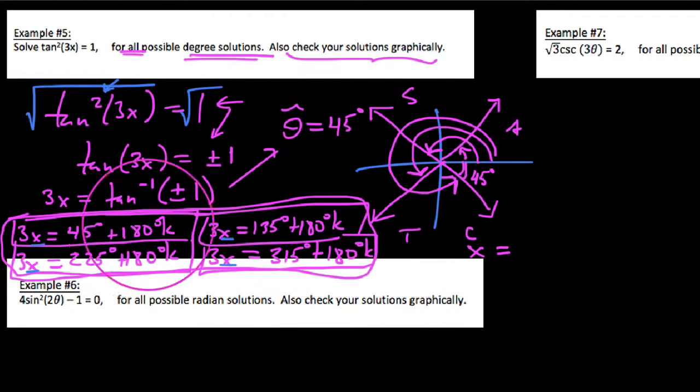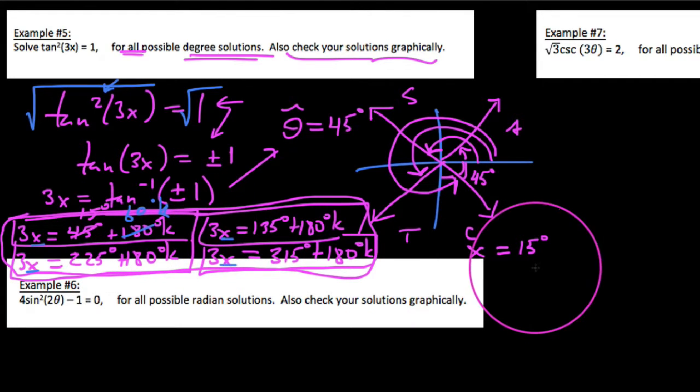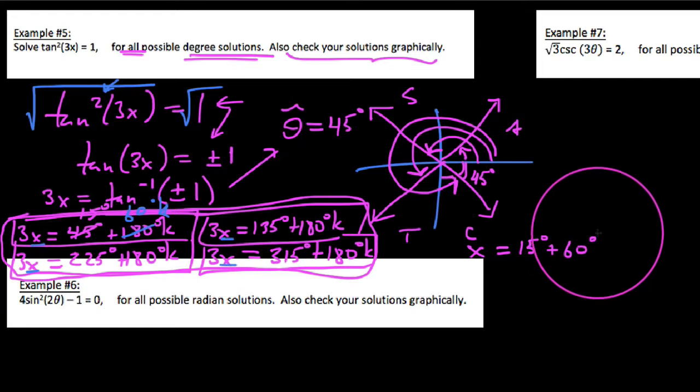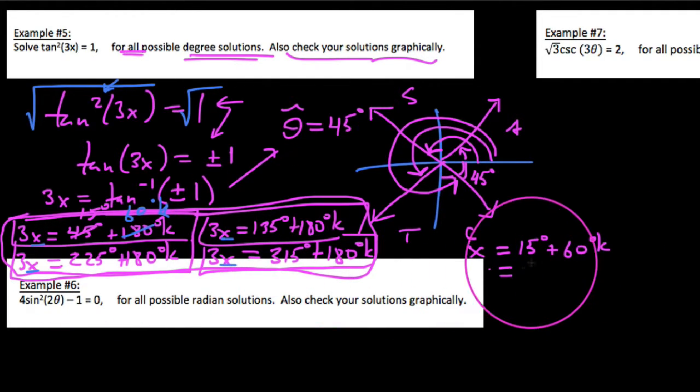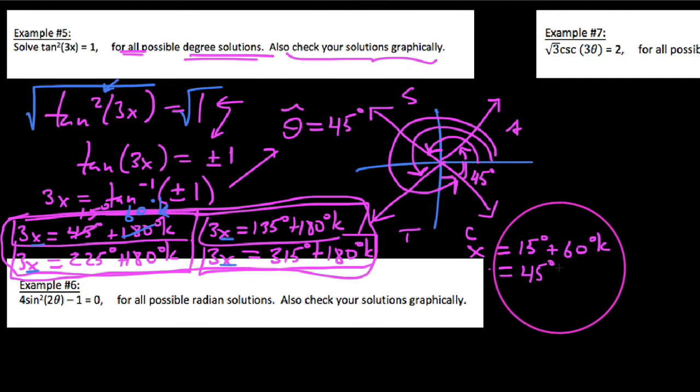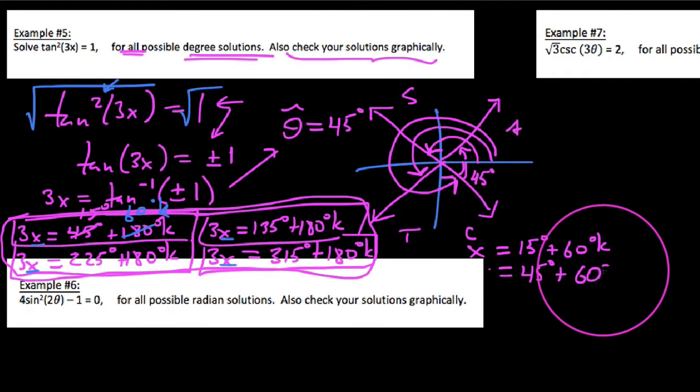x equals a third of 45 degrees plus 180 degrees k. 45 divided by 3 is 15. And if we divide 180 by 3, we get 60 degrees k. So we would say 15 degrees plus 60 degrees k. We also got 135 divided by 3, which is 45, plus 60 degrees k.